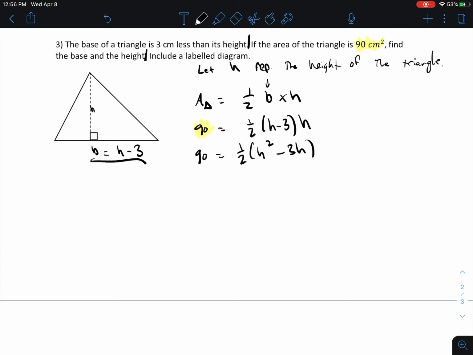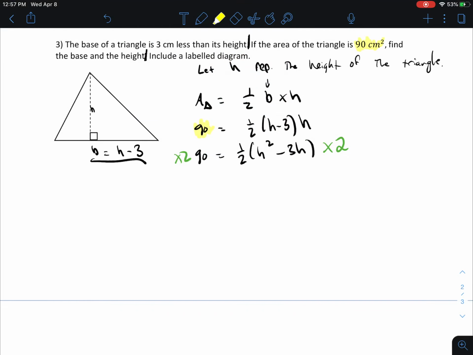Now, I could multiply the 1/2 in, but that's going to make things a little bit complicated. So instead of multiplying the 1/2 into the brackets, why don't I multiply both sides by 2?